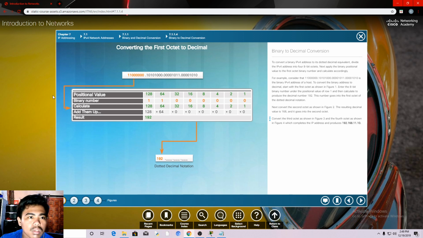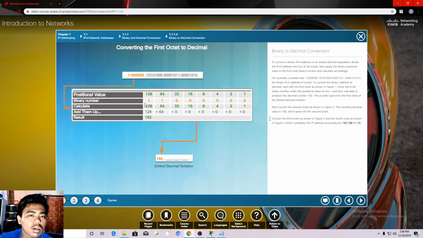From the positional value of the binary number, we calculate and add them up, and that is the result. In the figure we have 1s and 0s, the upper and the lower part.